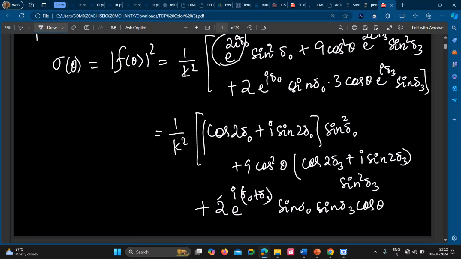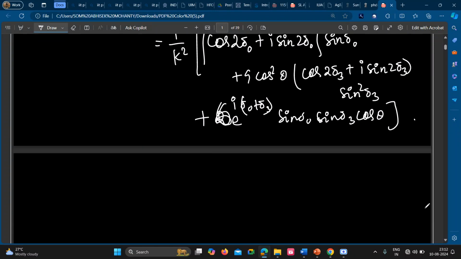This 3 will multiply to give you 6. So this is the term. This is f of theta whole square.